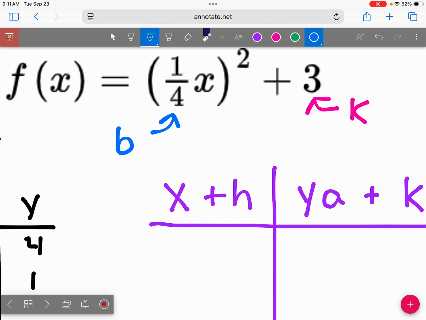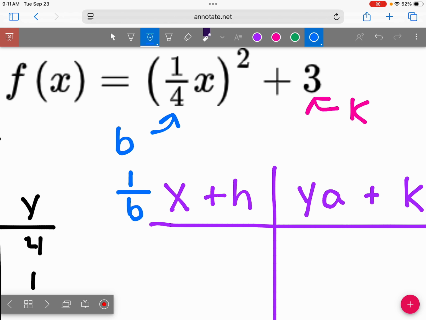And we also need to include, since we have that b, 1 over b. So it's the reciprocal of b. We need to flip b. So in this particular case, we have that b of 1/4. What is the reciprocal of 1/4? 4. It's 1 over 1/4, or the same thing as 4.